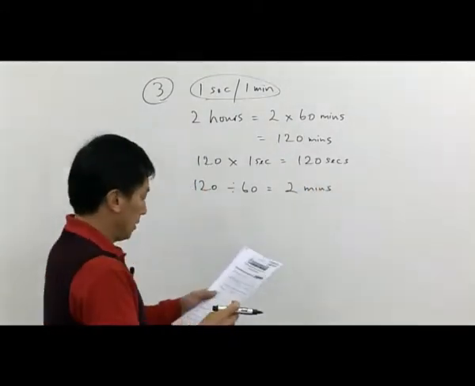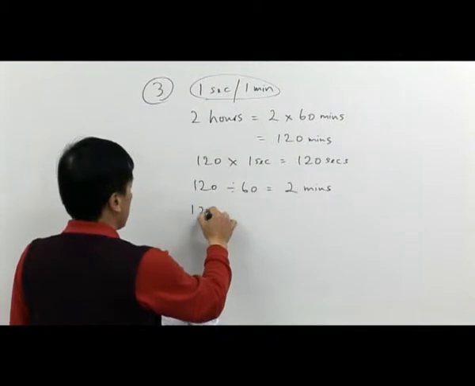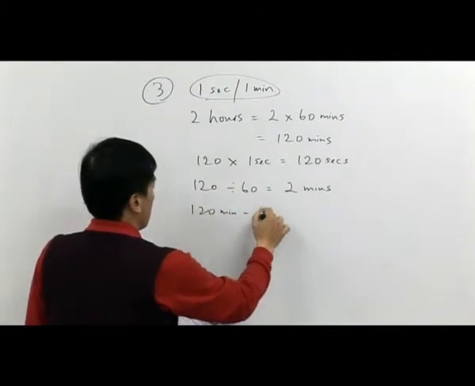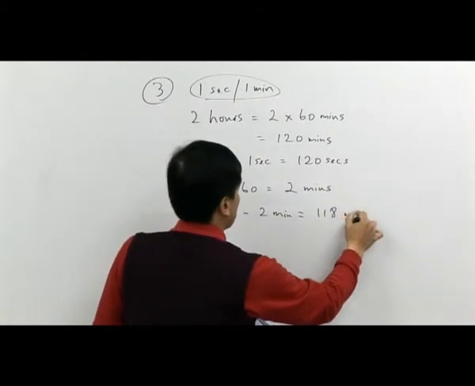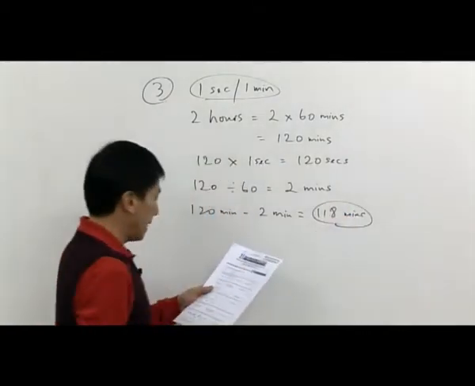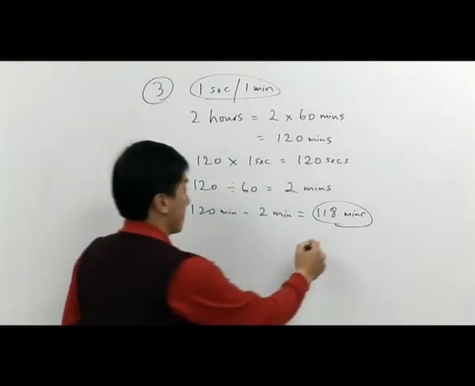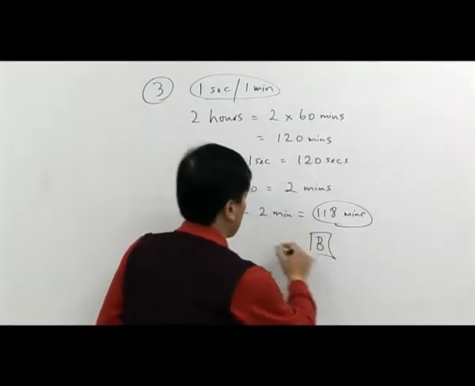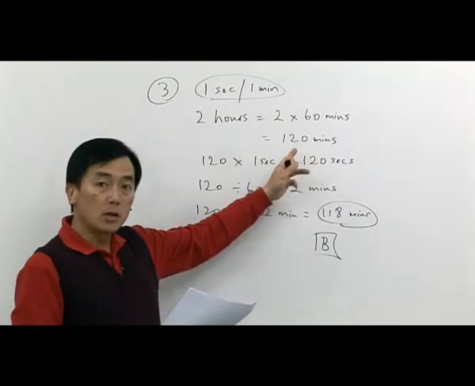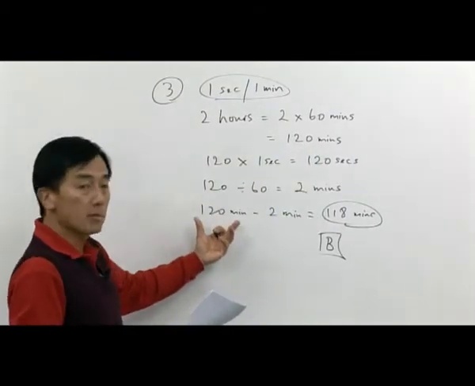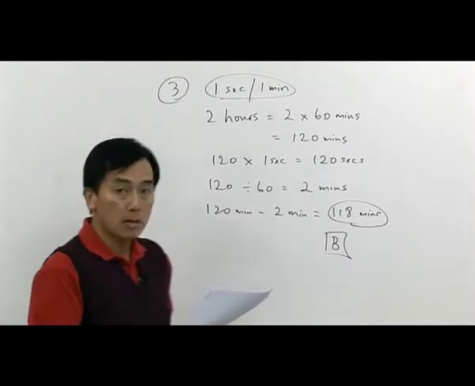So therefore, the stopwatch will be reading 120 minutes minus 2 minutes. That would give us 118 minutes. Now that answer in this case is going to be B. Remember to calculate how many minutes it will lose, then subtract it from the real time of 120 minutes. So the answer is B.